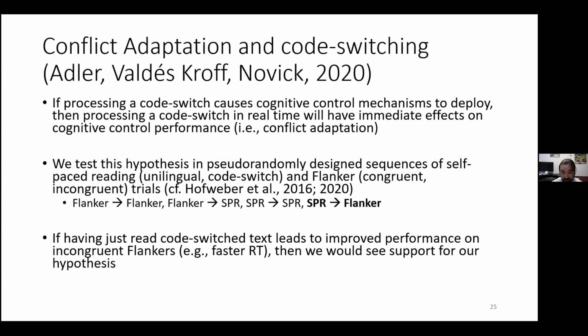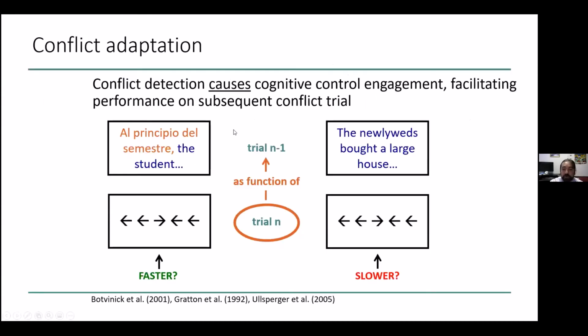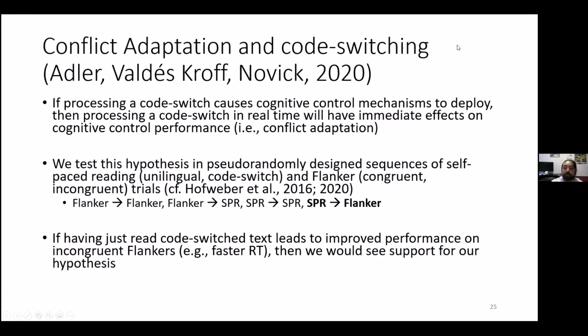So what we did then is pseudo-randomly design sequences of self-paced reading of unilingual versus code-switched sentences with these flanker congruent versus incongruent trials. And here, the sequences could be from flanker to flanker, flanker to self-paced reading, self-paced reading to self-paced reading, or self-paced reading to flanker.